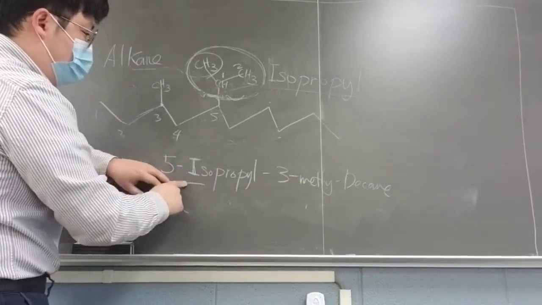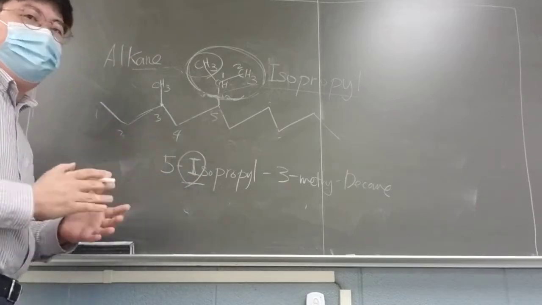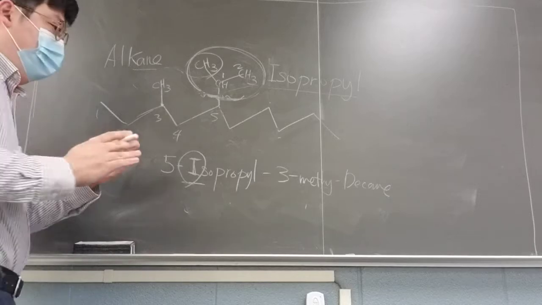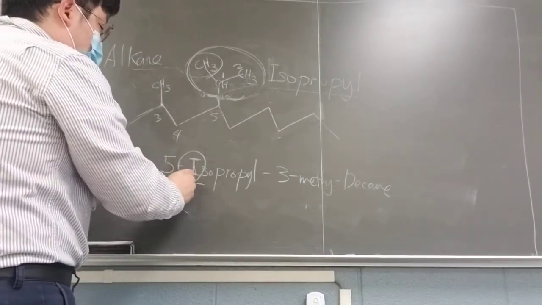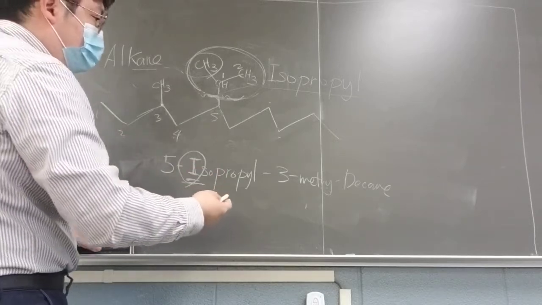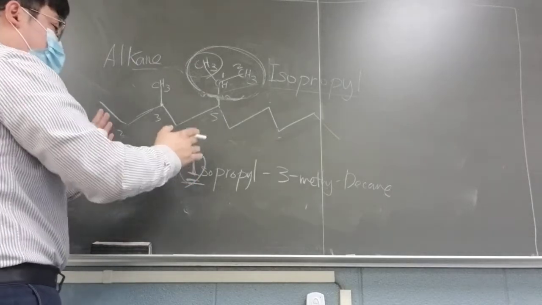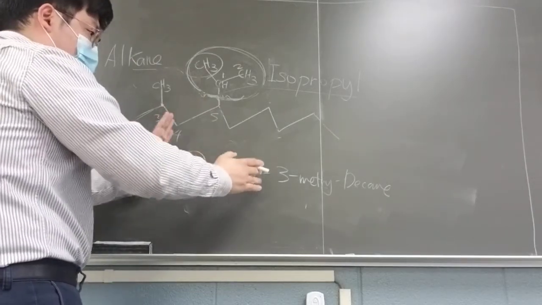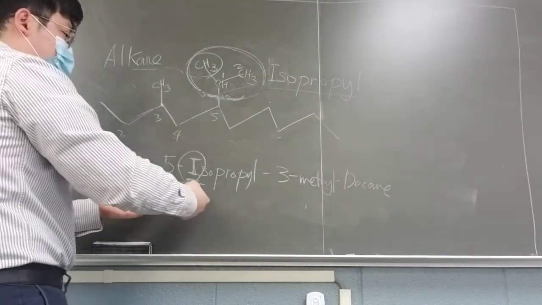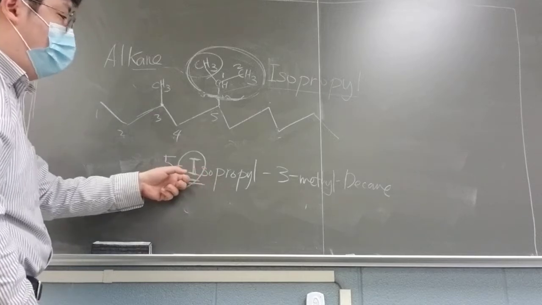But I put the iso first because now we count I for alphabetical order. So it's different from what we did for di, tri, tetra. The isopropyl is the I, not P. Because the iso we normally put in the capital letter, and I comes first, then M. So this is why I put the 5-isopropyl 3-methyl decane instead of 3-methyl 5-isopropyl decane. So I didn't count this as P, but I for alphabetical order.